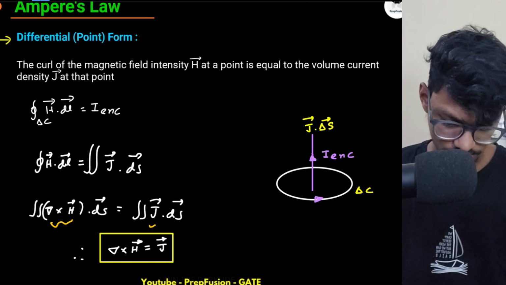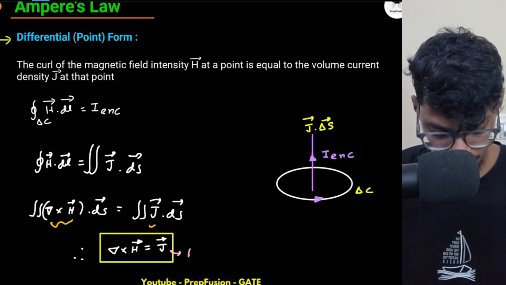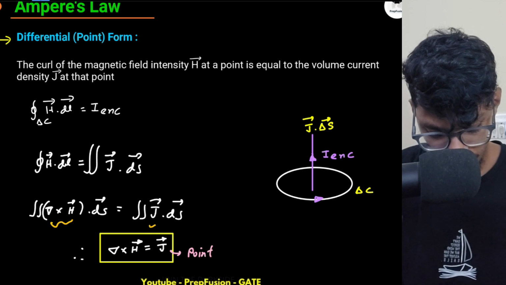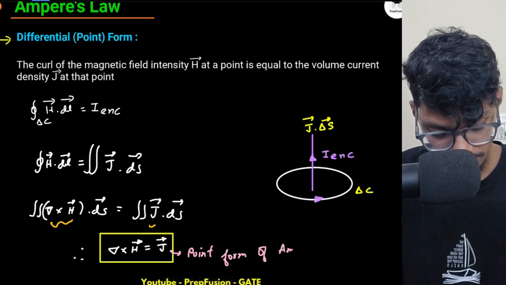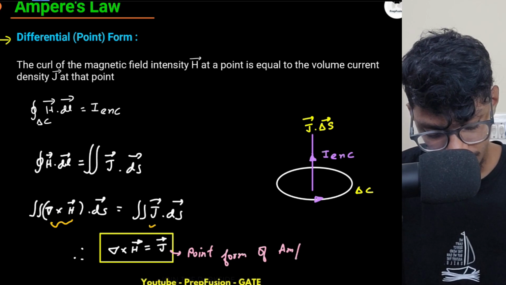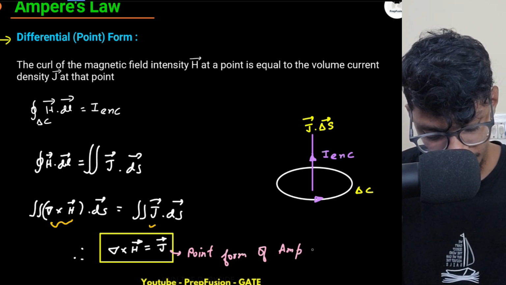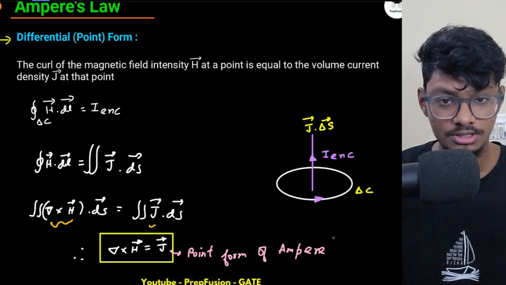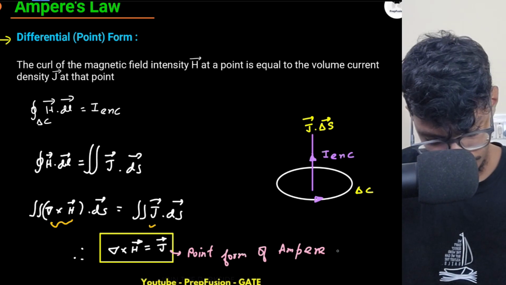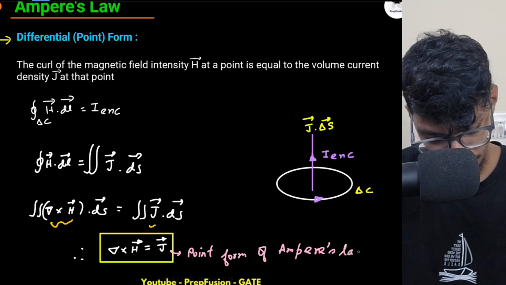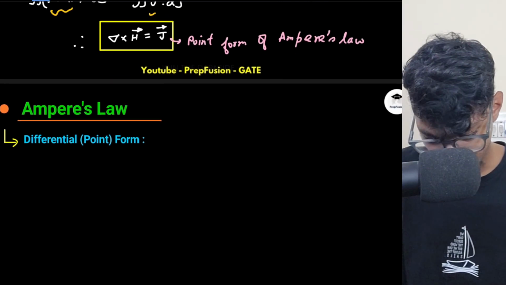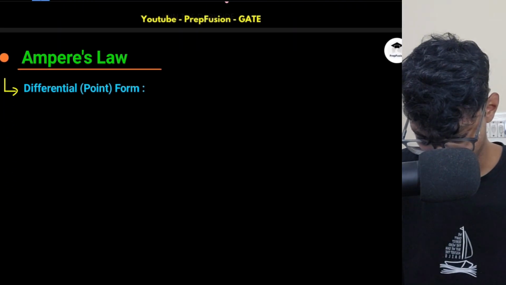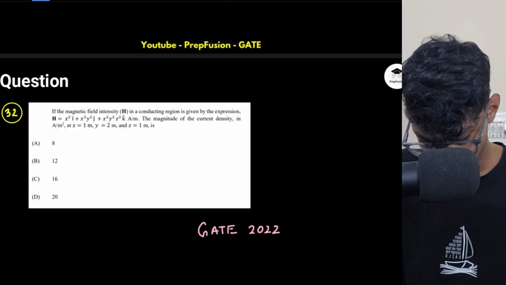So this is the point form or differential form of Ampere's law. This is also another Ampere's law only, but here we are relating it with respect to volume current density. Okay, so this was the law. I just kept an extra page just for the sake of it. I have to remove this page, so I'll remove this later on.